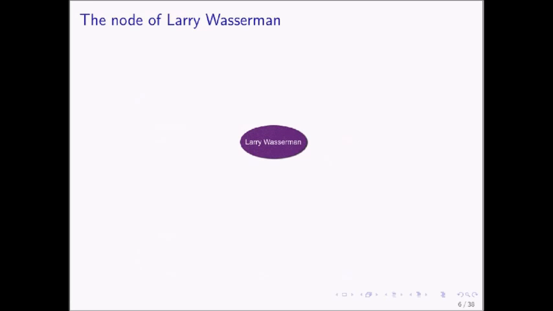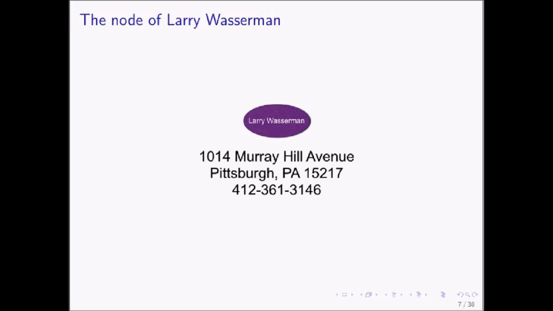And so I have, for example, just an example of what a node here would look like. So I have a node regarding Larry Wasserman. So using publicly available information on the web pages, Larry Wasserman, he has an address, he has a phone number, he has 2 cats, his favorite color is purple. There's information about Larry. But there's other Larry Wassermans.